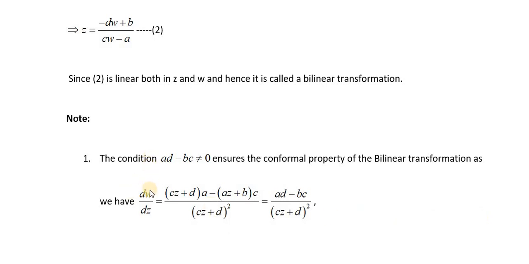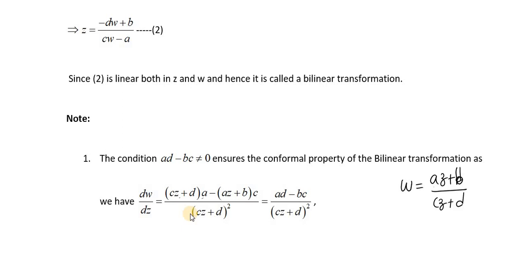So first of all, I am going to do differentiation of W with respect to Z. So here W means (AZ + B)/(CZ + D). Use the u by v formula: denominator squared in the denominator, and in the numerator, denominator into differentiation of numerator.